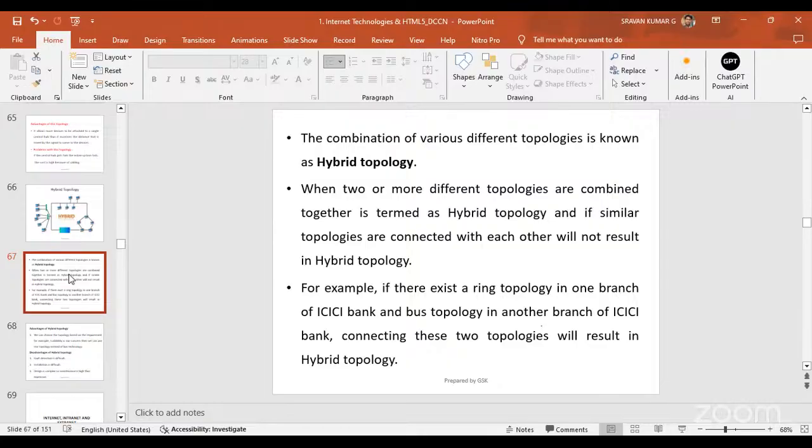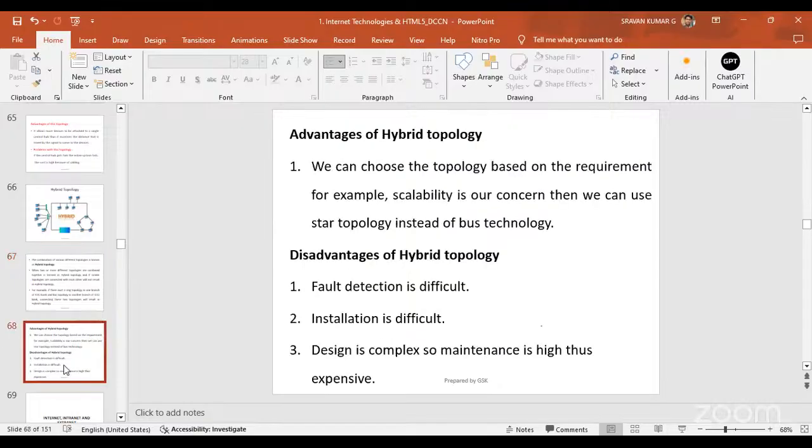For example, if there is a ring topology in one branch of ICICI Bank and a bus topology in another branch of ICICI, then you can connect these two with the help of hybrid topology. For advantages and disadvantages, we can choose the topology based on the requirement. For example, if scalability is our concern, then we can go for the star topology. Depending on your requirement, you can choose a suitable topology.